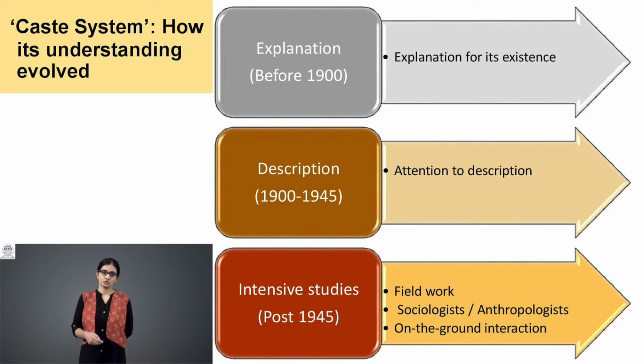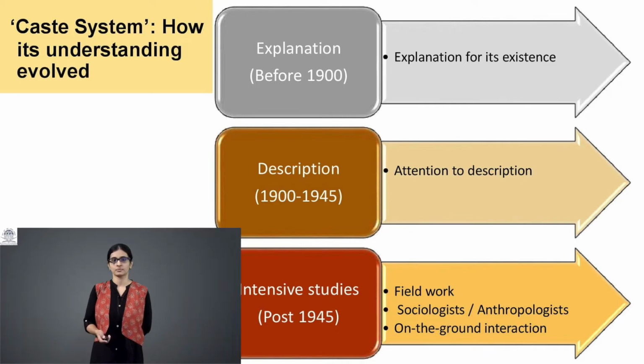The second period, between 1900 and India's independence, that is 1900 to 1945, the attention was rather on providing detailed descriptions and accounts of the caste system. After independence, that is post 1945, there were a lot of intensive field-based studies of the caste system done by sociologists and anthropologists, and for them what was important was the ground level interaction of the castes.